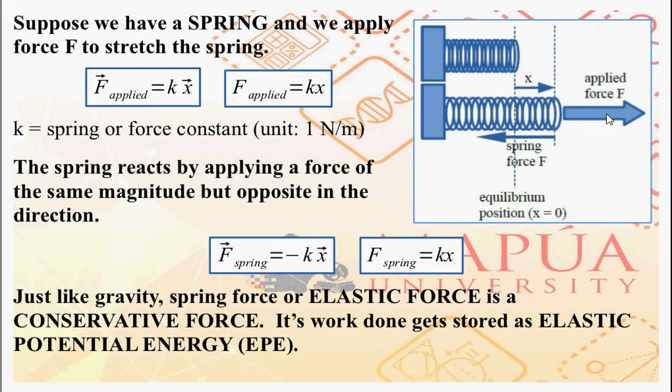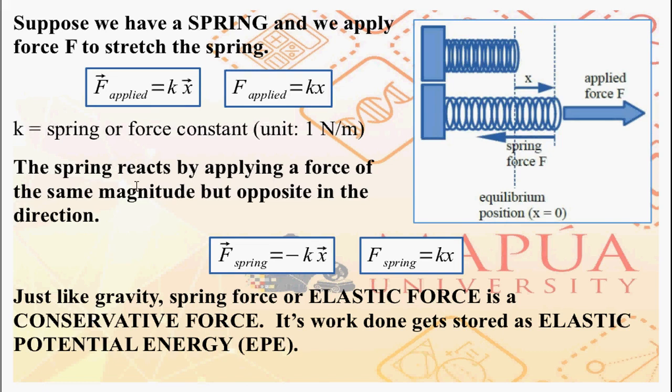The force F has the same direction as the deformation X. So F applied is equal to positive Kx, same direction as F applied. Magnitude of F applied is Kx, K times distance X. X is the deformation distance of the spring.